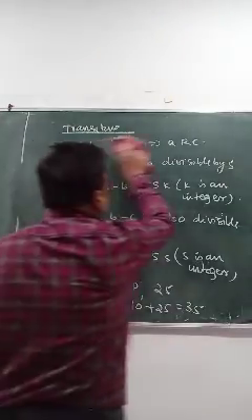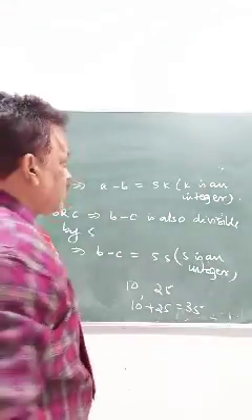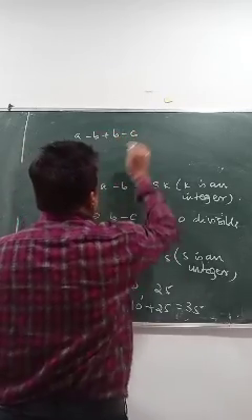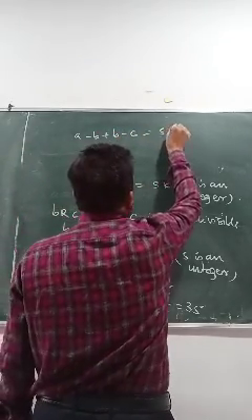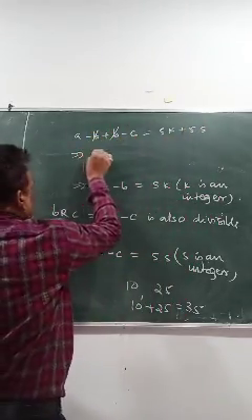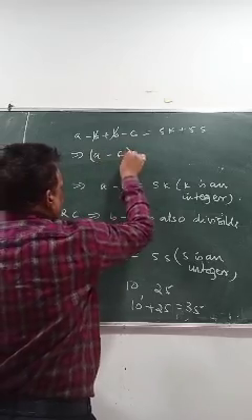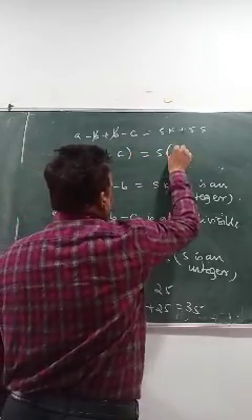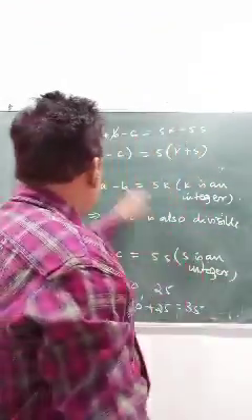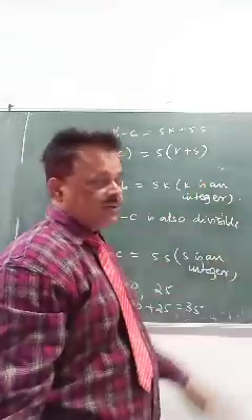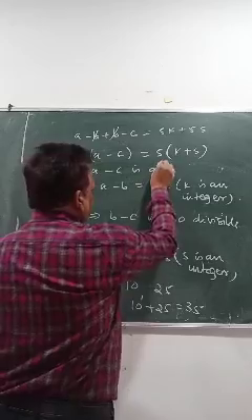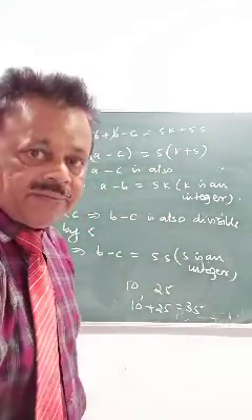Therefore, A minus B plus B minus C equals 5k plus 5s. B cancelled. A minus C is 5 common, k plus s. That means a multiple of 5. So A minus C is also divisible by 5.